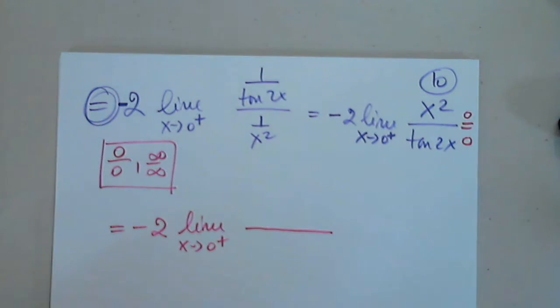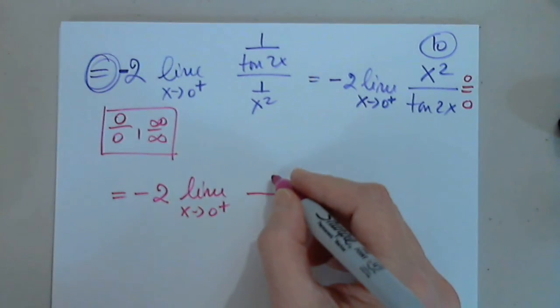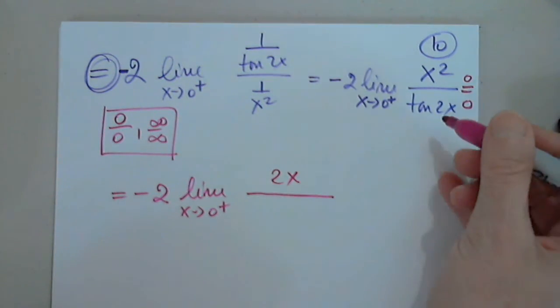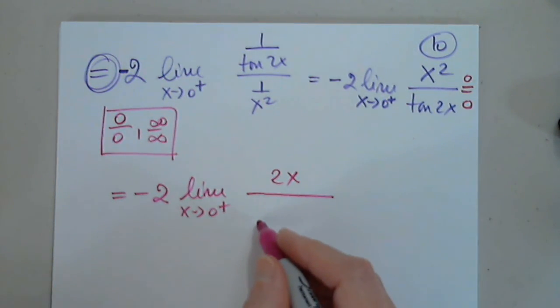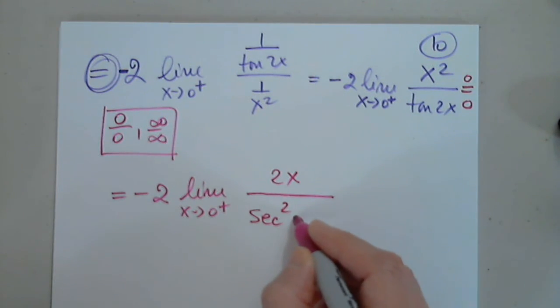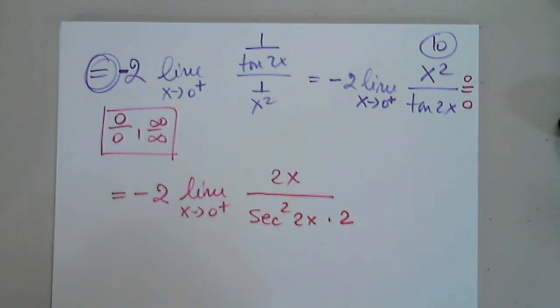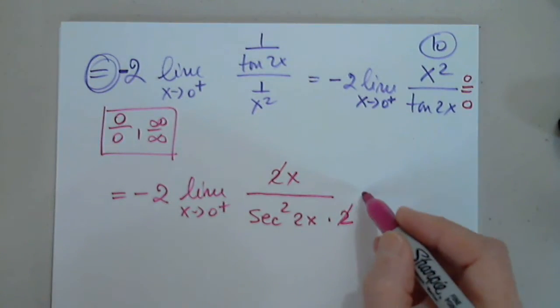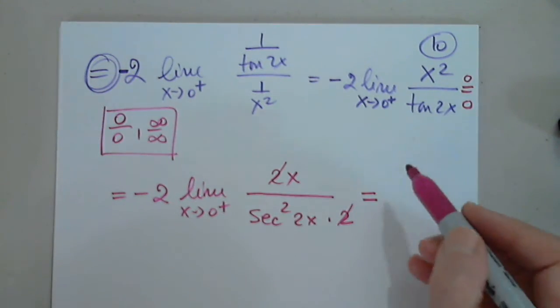Can anyone give us the derivative of the top? 2x. Excellent. Can anyone give us the derivative of the bottom? Sean told me already. Yeah. Secant squared of 2x times 2. I simplify. Where does the top go?